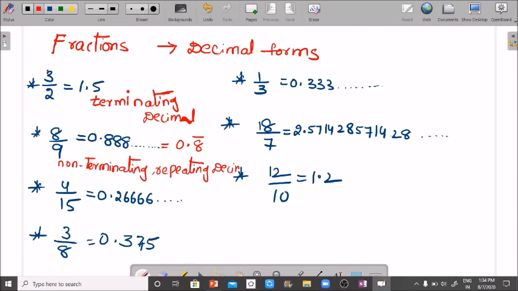Next one is 0.26 bar, where only 6 is repeating. So this is also a non-terminating repeating decimal.